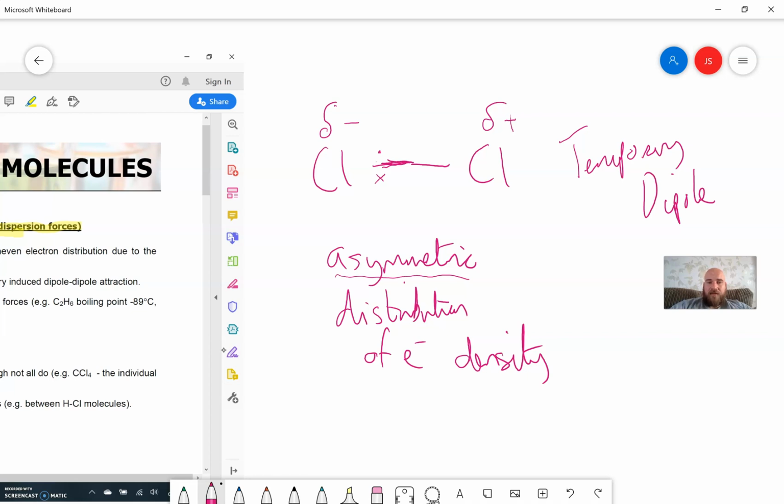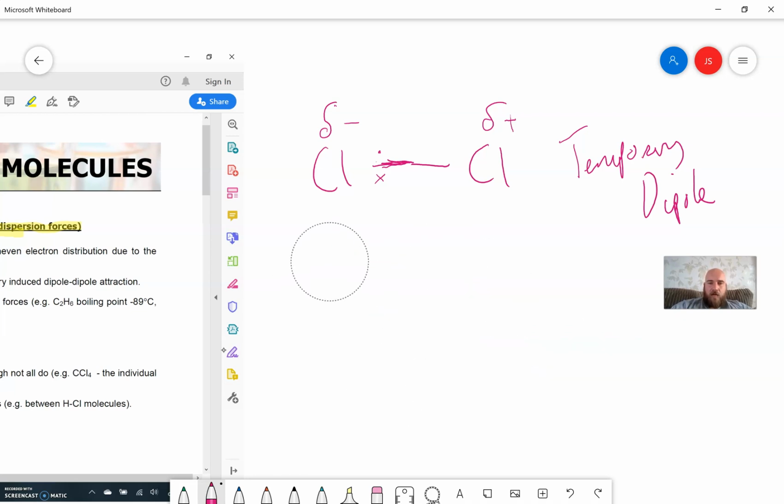Now, whilst this temporary dipole exists, let's bring in another chlorine molecule. What is this temporary dipole here going to do to this neighbouring chlorine molecule?